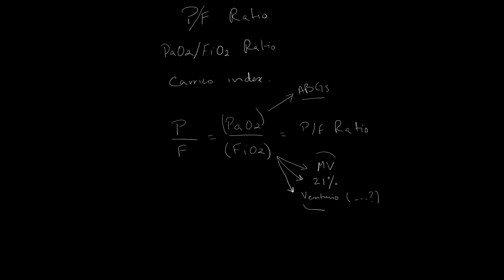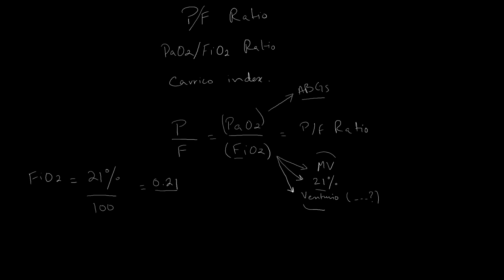It's not so easy just to go ahead and mention 21%, as it is fractional inspired oxygen, FiO2. It has to be expressed as a fraction. So if the patient is on room air, that is 21%. So if you want to change it into FiO2, you have to divide the 21 by 100, and you will get 0.21. So this is the FiO2 that the patient is receiving.